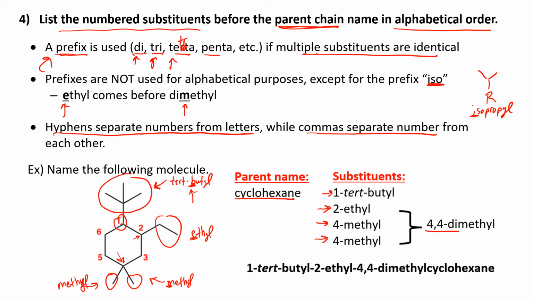When we put that all together, that's going to be a 4,4-dimethyl. So now let's put the whole name together, remembering how the commas and hyphens are used. If you recall the template, our parent name was cyclohexane. That was the stem. And all of this stuff here is going to be for our substituents.